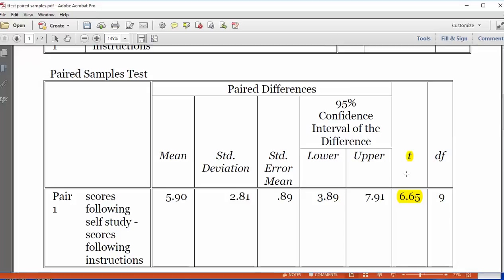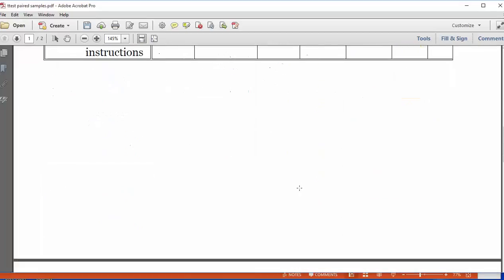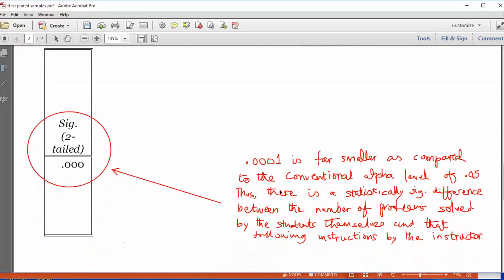The next thing to look for is what is the significance, and for my analysis, I go all the way to the last column, which is put here. And the significance I get is 0.000. Now remember, this is what you are going to compare to the conventional alpha level.